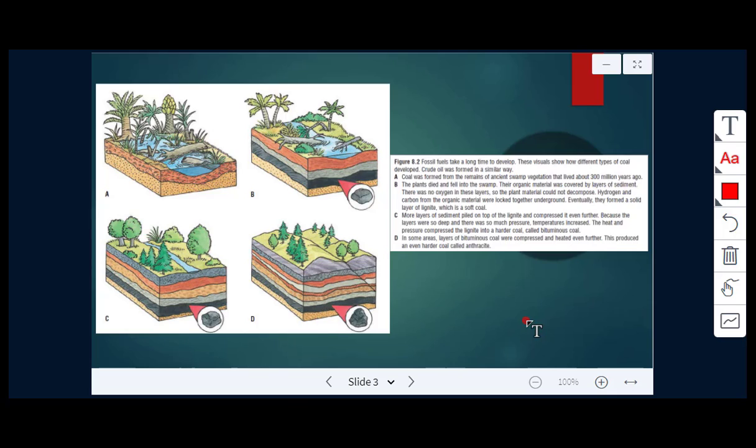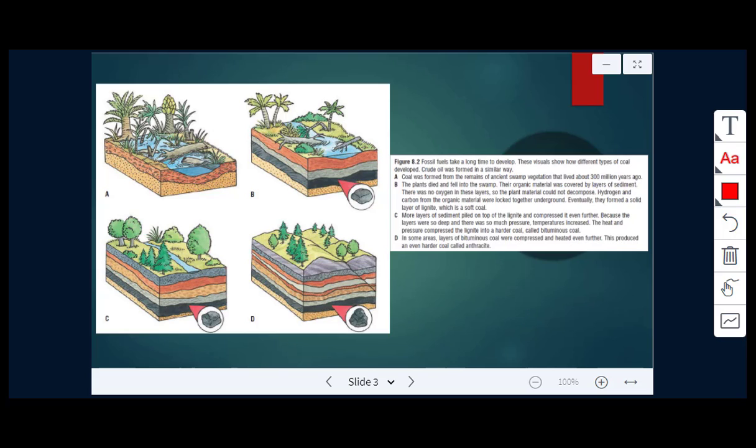Plants died and fell into the swamp, and then their organic material got covered by layers of sediment, and there was no oxygen in those layers, so the plant material couldn't decompose. Hydrogen and carbon from the organic material got locked together underground, and then eventually they formed a solid layer of lignite, which is a soft coal.